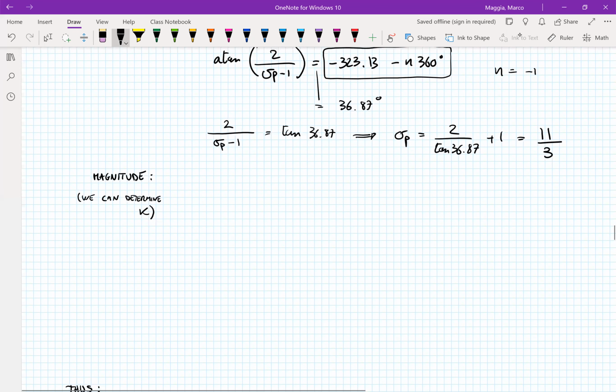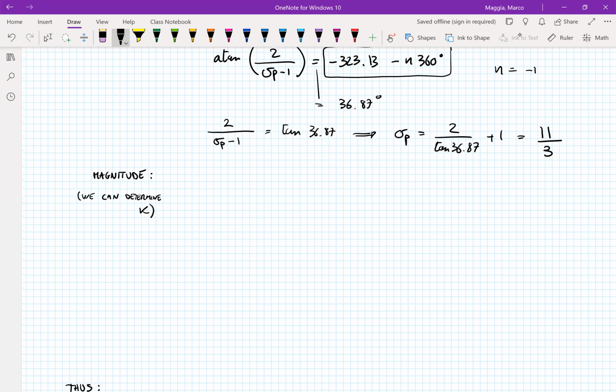And now we have that the magnitude of K is simply K. Then we have the magnitude of 2i, which is 2. And we don't have anything else at the numerator. At the denominator, we need the magnitude of sigma p minus 1 plus 2i.